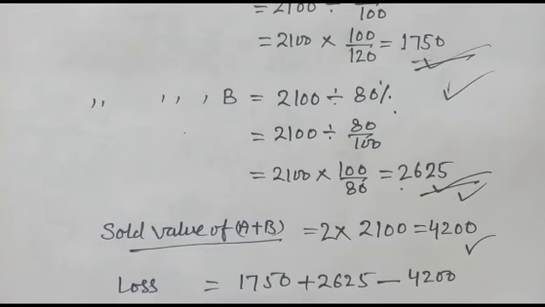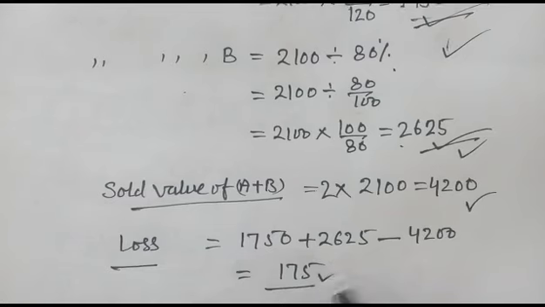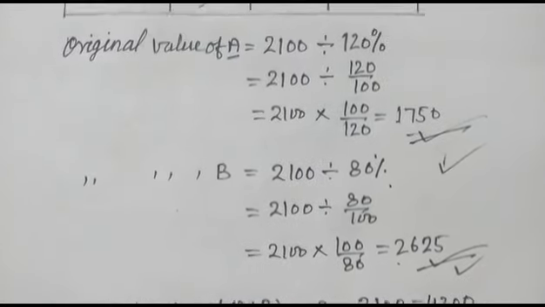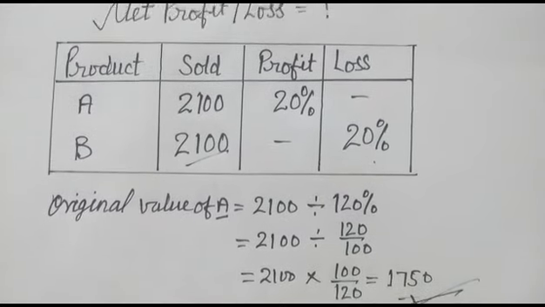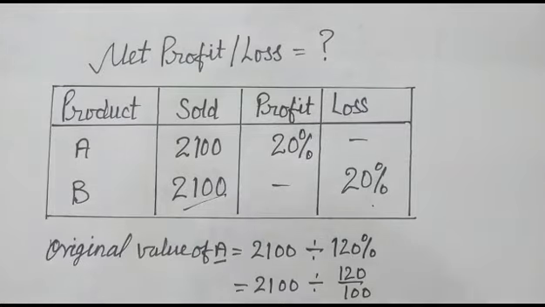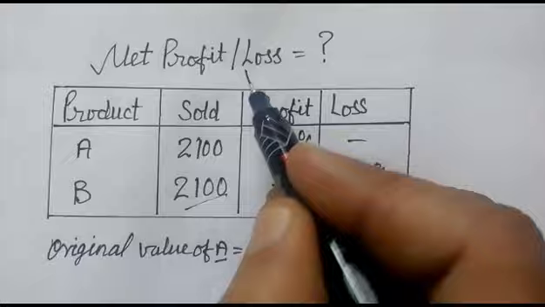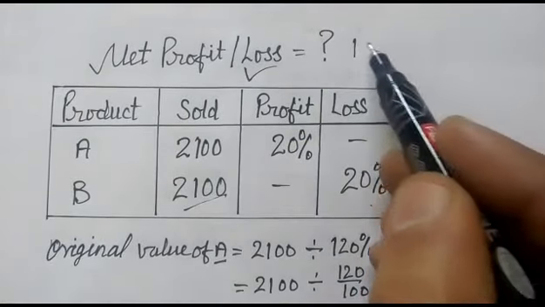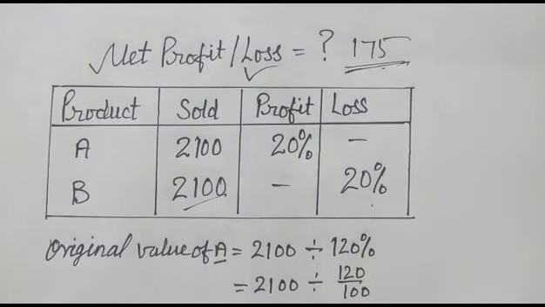This will be 175. So the loss will be 175. So the salesman or shopkeeper gets a loss of 175. Okay, dollar or rupees, you can say whatever you like.